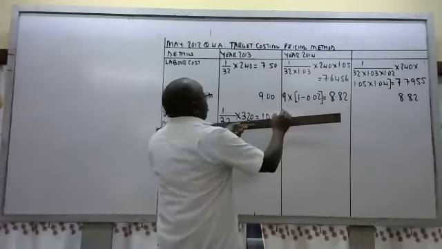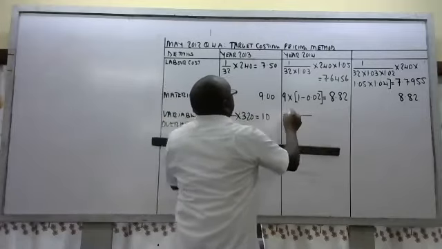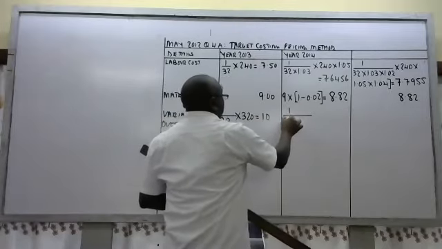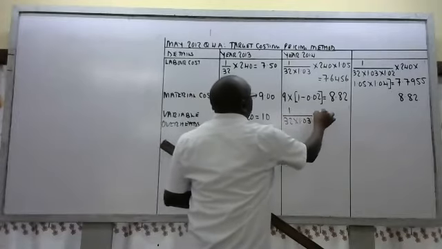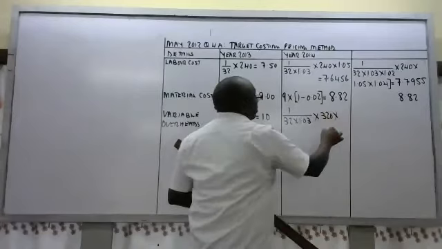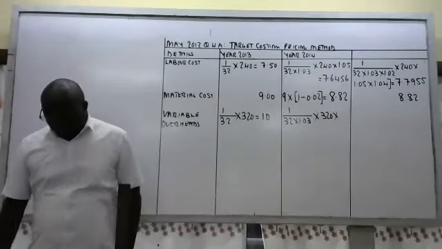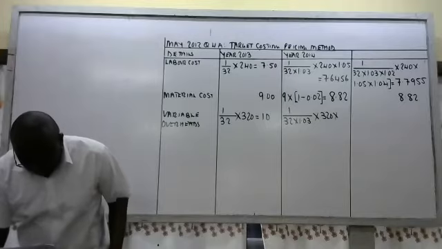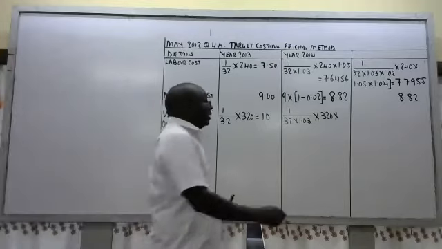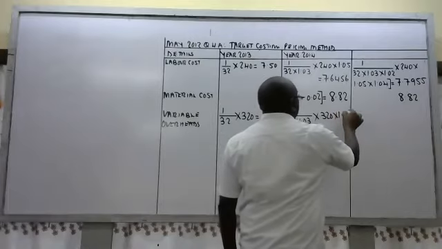Then going to the second year, it will also be a case of 1 out of that 2 times 1.03 times 320 times, we are told this one will increase by 5%, so times 1.05.